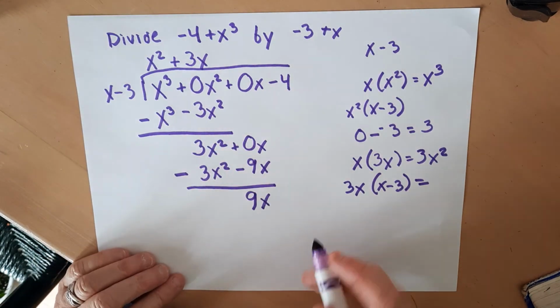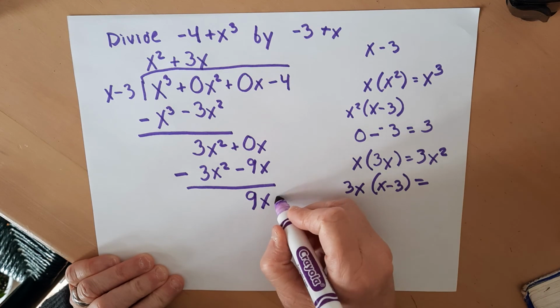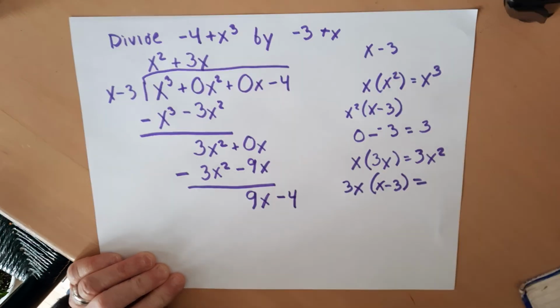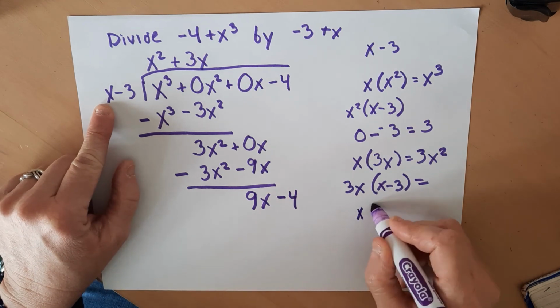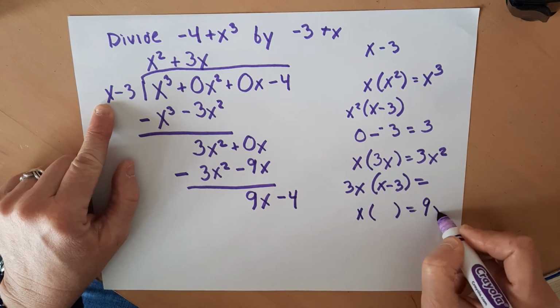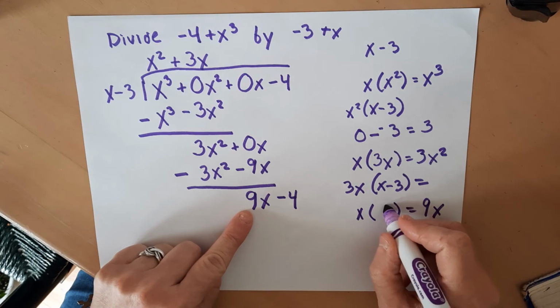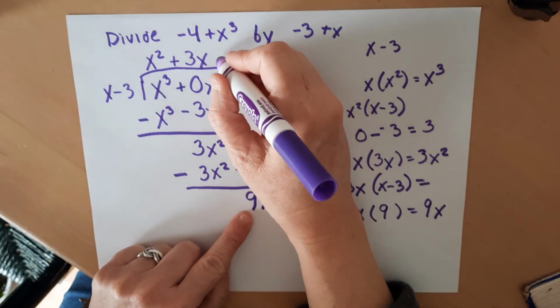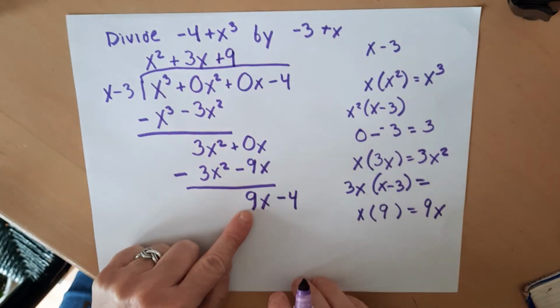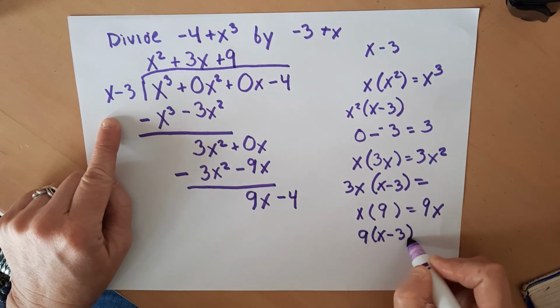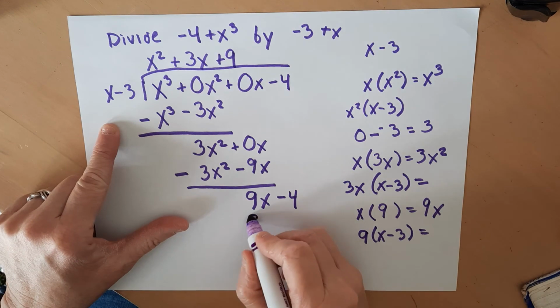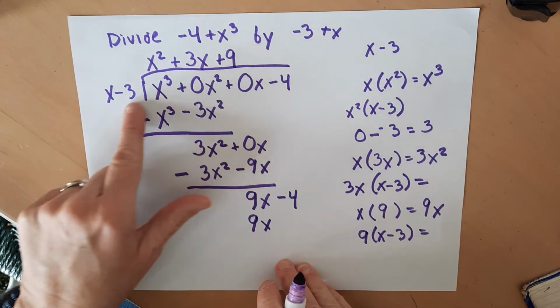We have one more thing to bring down, and that's the minus 4. Now we're thinking, just looking at this part, what do we multiply x by to get 9x? Well, we multiply it by a 9. So we put a plus 9 up here, and we multiply 9 times x minus 3, which gives us 9x minus 27.